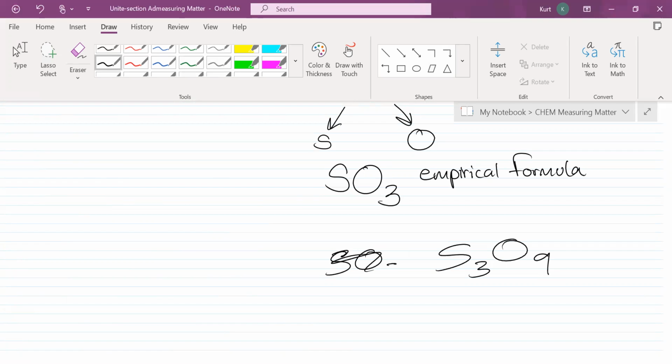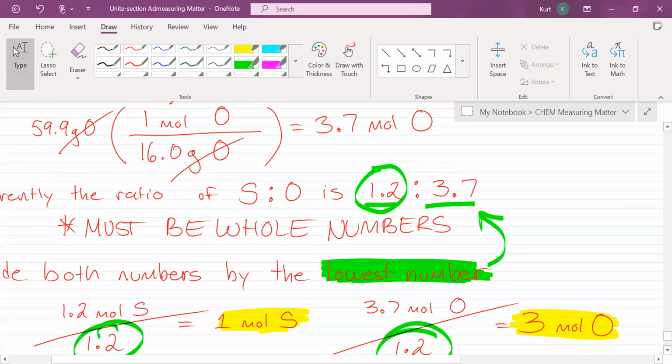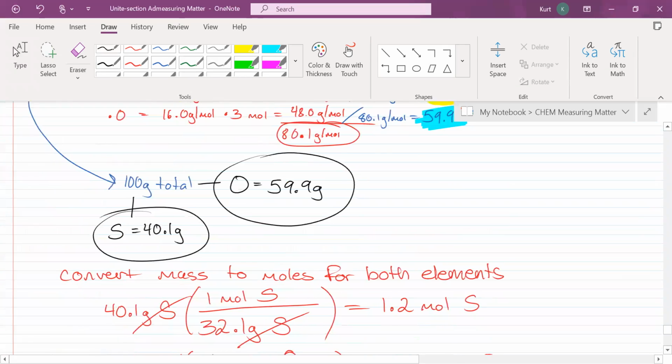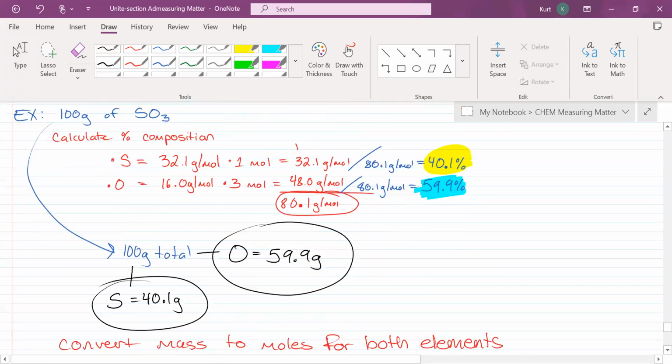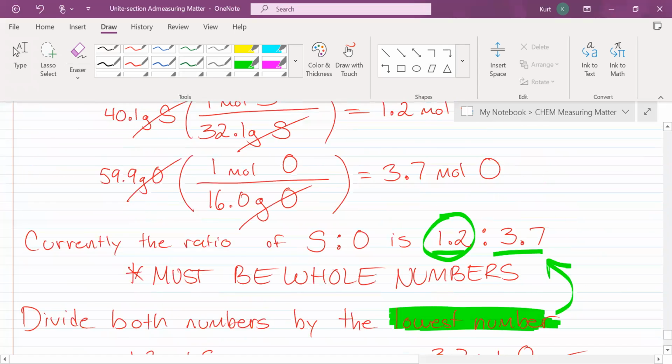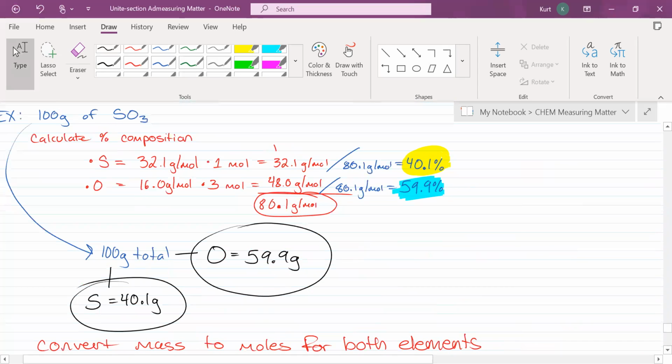But will you be given the formula in the first place? No. You might say that you have a sample of a substance. Let's say that the problem started off with, you have a sample of a substance, and the substance is 40.1 grams sulfur and 59.9 grams oxygen. Find the formula.